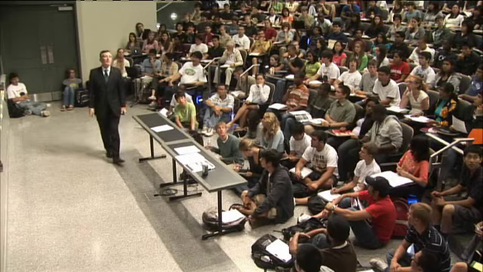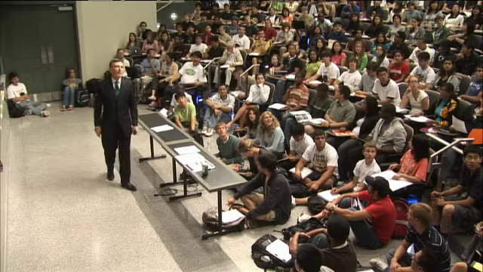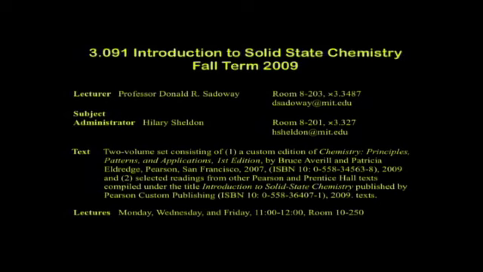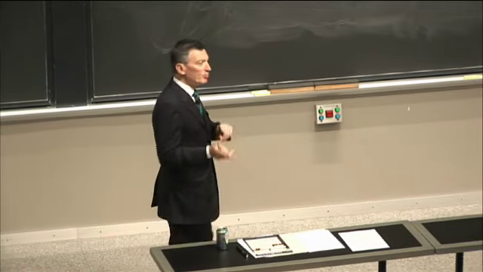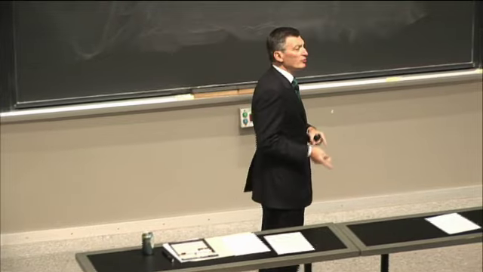The text is a 2-volume set consisting of the text Chemistry: Principles, Patterns, and Applications by Averill and Eldridge, and then a second volume that consists of miscellaneous readings taken from other Prentice Hall texts. And it's identical in content to the blue book that was used last year and the year before.